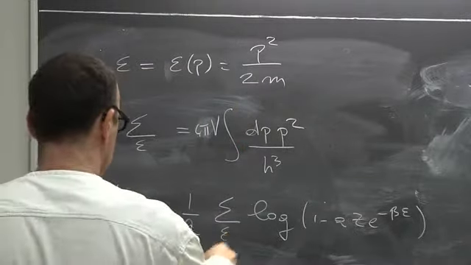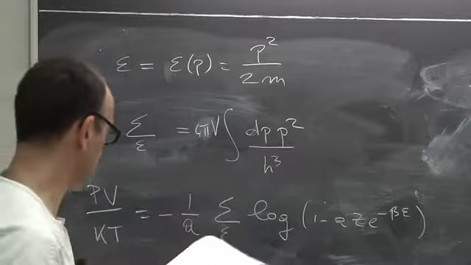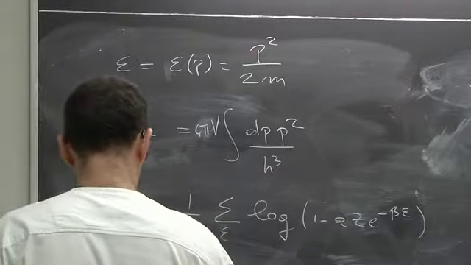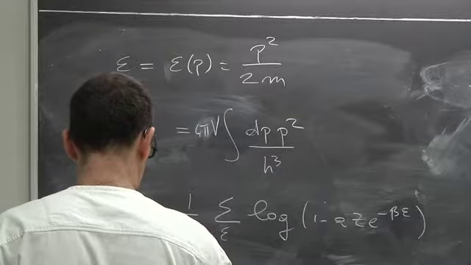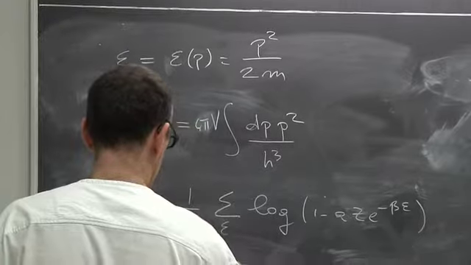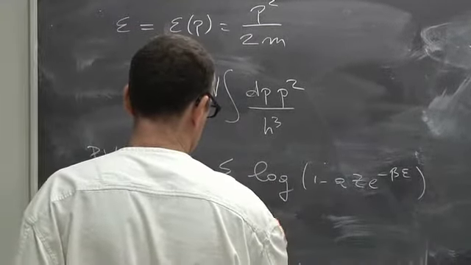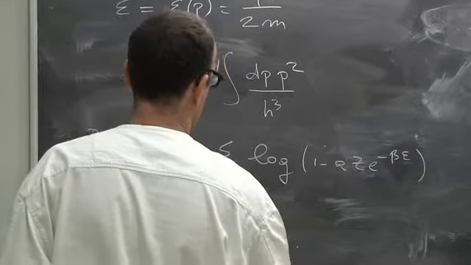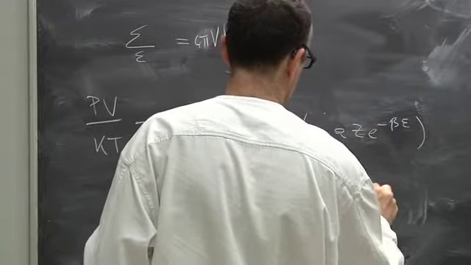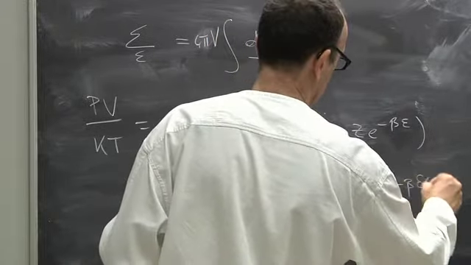Now you can turn this into an integral over momentum. And so this is minus 4 pi V over A h cubed times the integral from 0 to infinity of p squared dp of the log of 1 minus a z e to the minus beta epsilon of p.